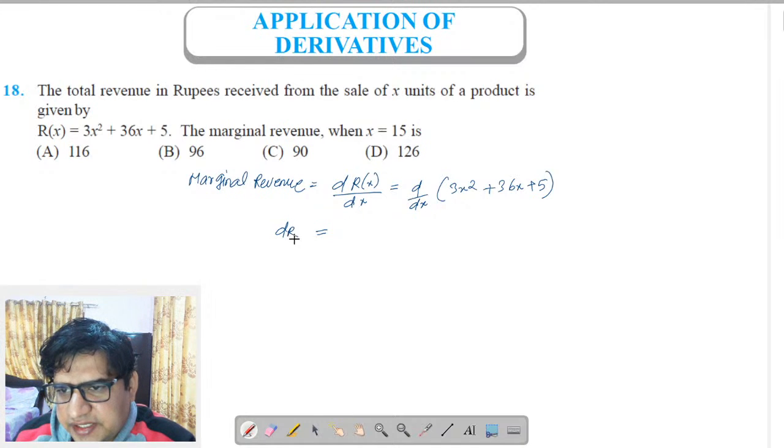So dR by dx is equal to d by dx of 3x square, which is 6x, plus 36, okay.